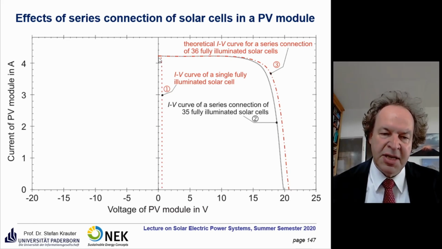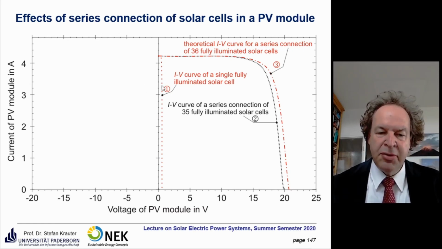So that's the IV curve of a single illuminated solar cell with maximum voltage of about 0.6 volts. The current is in full scale, so we have on this particular cell a current above 4 amps. Many high efficiency solar cells or large solar cells have currents up to 16 amps.